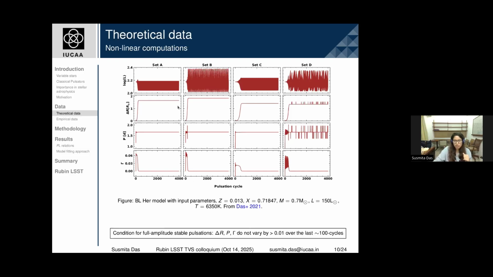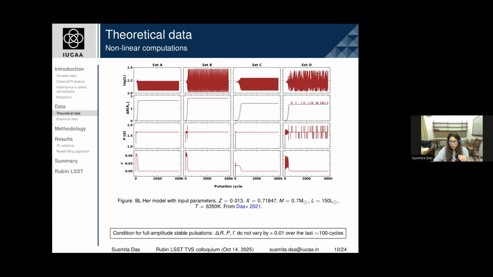So now I would like to highlight that all of these, so set A, B, C, and D, refer to different convection parameter sets. However, we have used the exact same ZXMLT. As you can see, there is quite a prominent effect of convection parameters, because even from here, we see that there are differences, right? There is also not so much in the pulsation period, but there are differences.